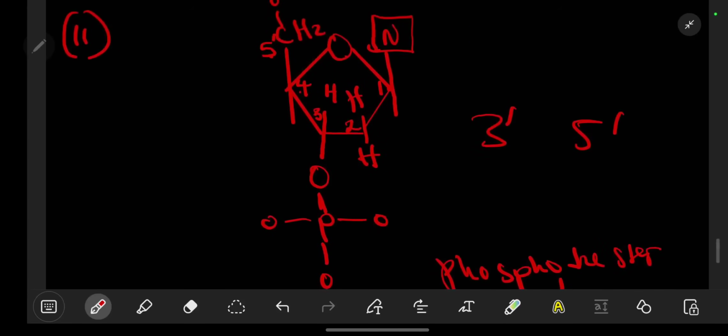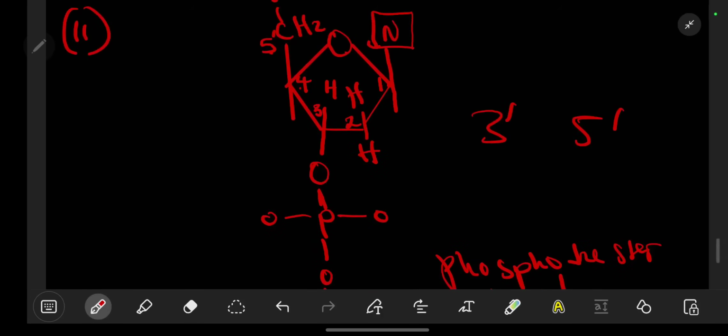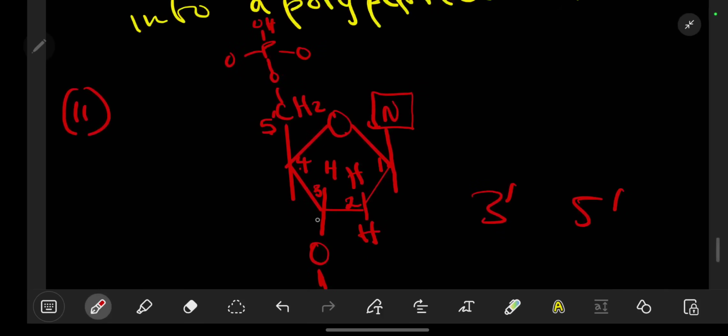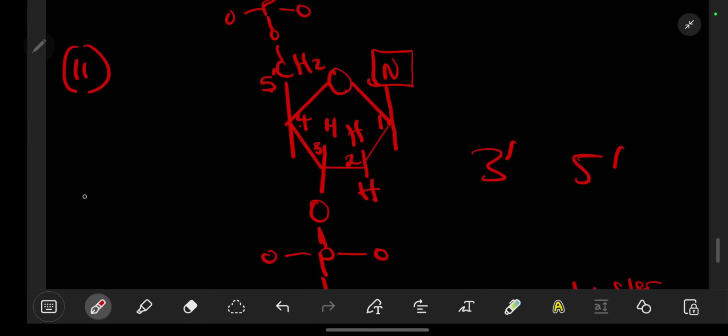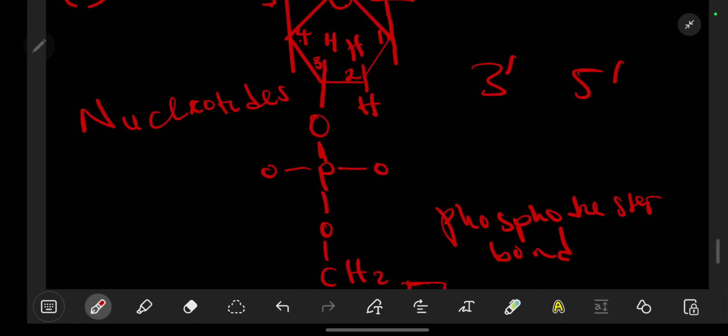To define what a phosphodiester bond is, you can just say a phosphodiester bond is a bond that holds two groups of nucleosides together, or should I say two groups of nucleotides together forms what we call a phosphodiester bond.